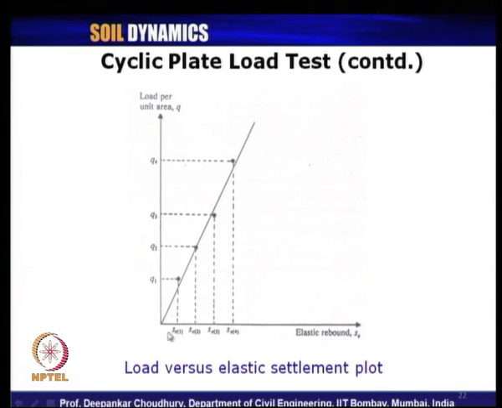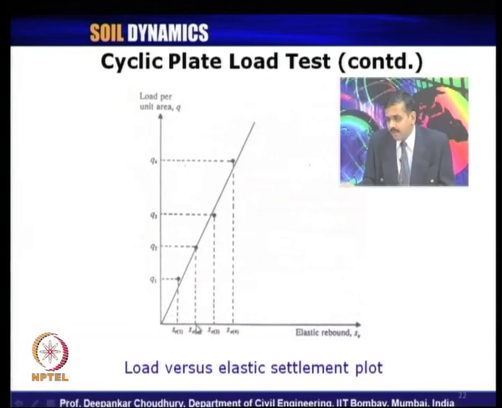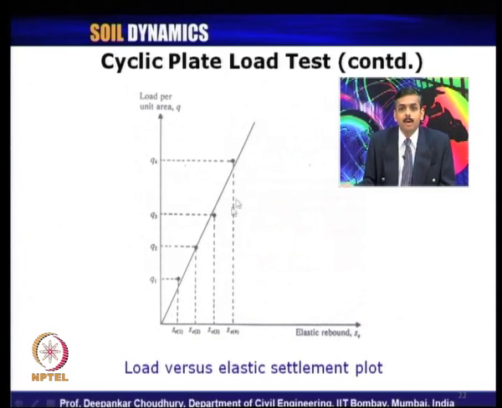So, this is S E 1 corresponding to Q 1, S E 2 corresponding to Q 2, S E 3 corresponding to Q 3 and S E 4 corresponding to Q 4. So, these are the different points. As you use different cycles of loading, you can get several points, and obviously, for a particular test it is desired that you get at least more than 3 test points.